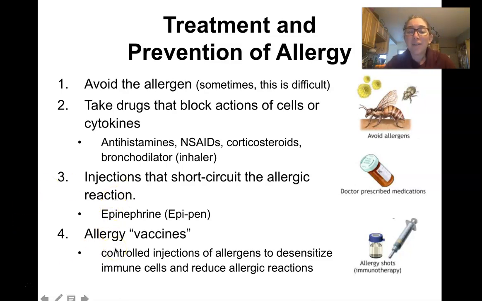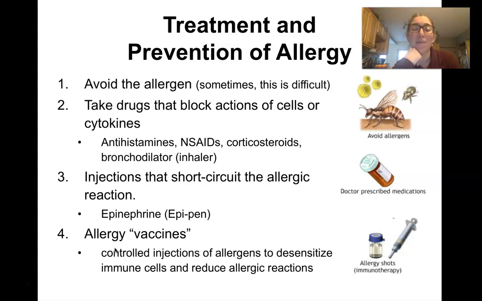And then another treatment that's relatively new and practiced by some allergists, but not widely practiced yet that I know of, are what are called allergy vaccines or allergy shots, where you can take someone who has an allergy and slowly desensitize them to their allergen.